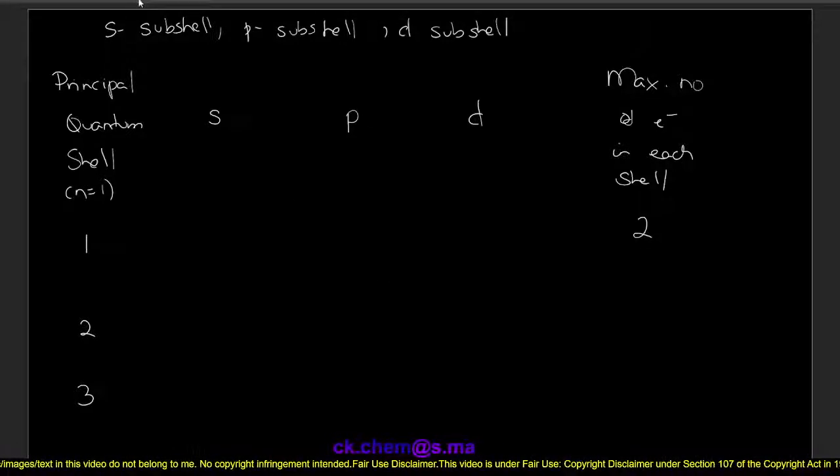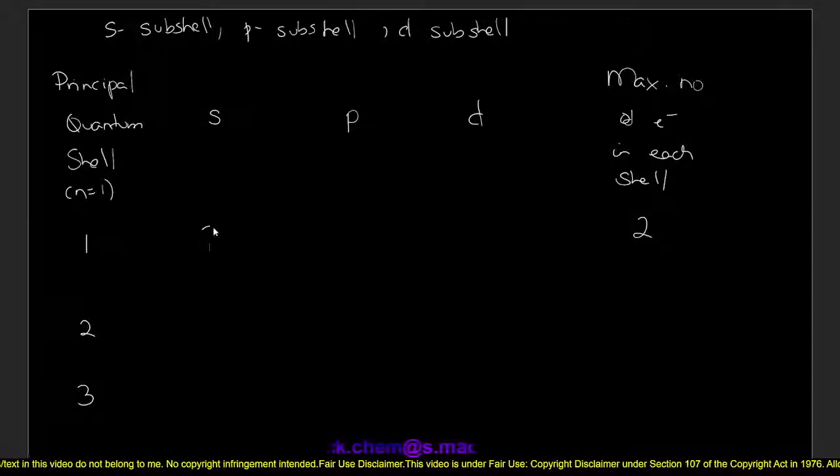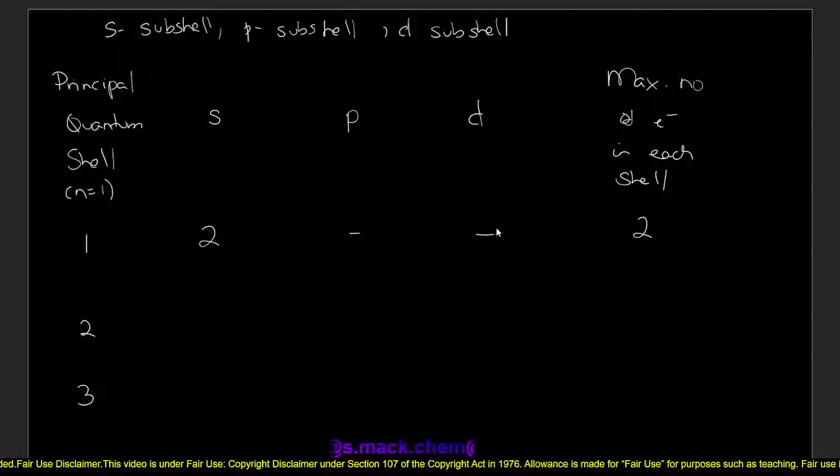So we are going to find 2 electrons in the S subshell because there is no P and D subshell in the first shell. And so once again, the first shell consists of one subshell, that is an S subshell, and we say that this S subshell will consist of 2 electrons.